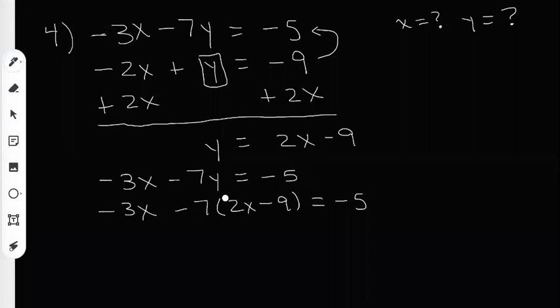So all I did was I replaced this y with a 2x minus 9. And now I can simplify a little bit, right? This stays the same. And I can multiply everything on the inside by a negative 7. I get negative 14x plus 63. And then I bring down the negative 5.